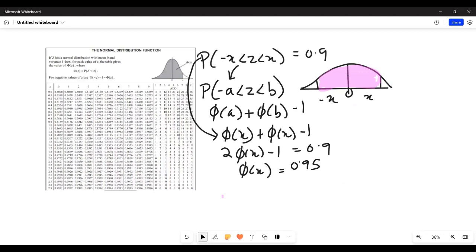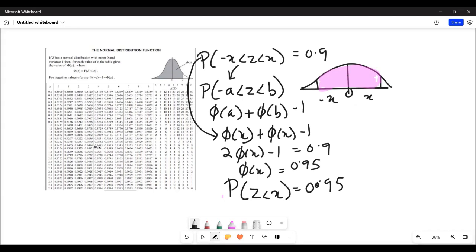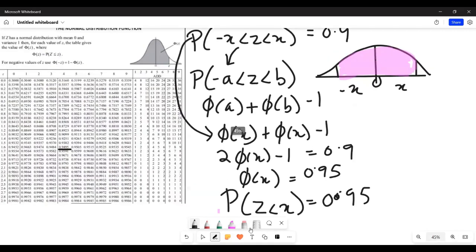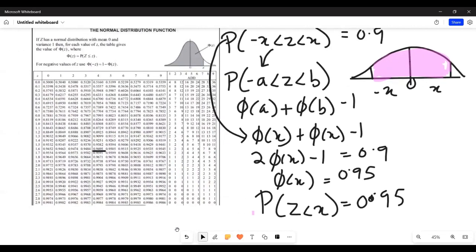Okay, so now you're finding probability z is less than x equals 0.95. Okay, so do we have 0.95? No, but we can get 0.95. Let me slightly zoom in. Okay, so we can get 0.95 if we add 5 to this.